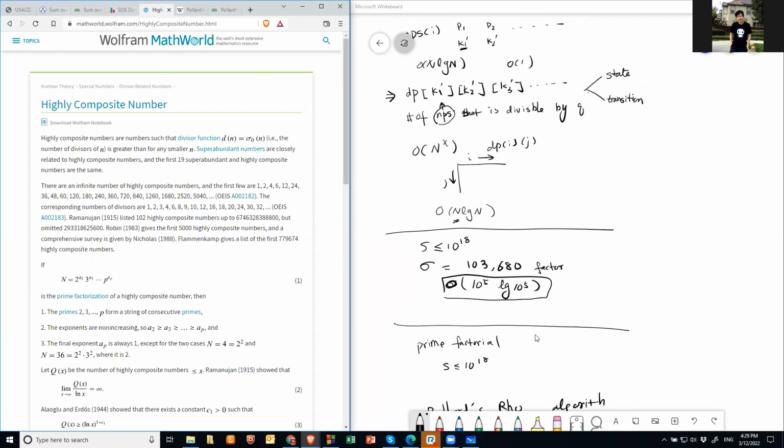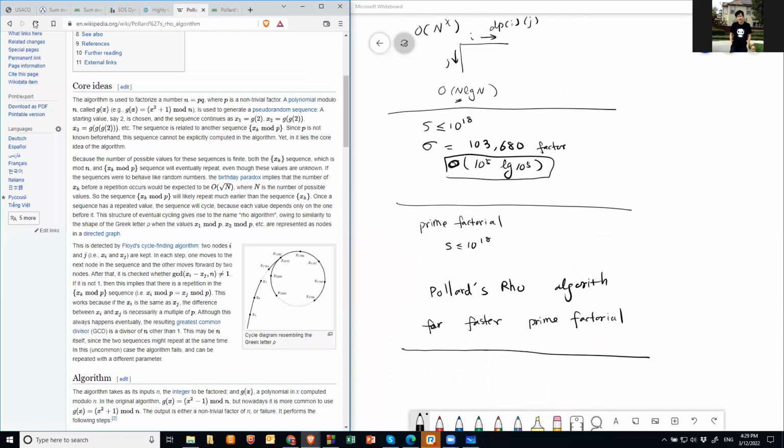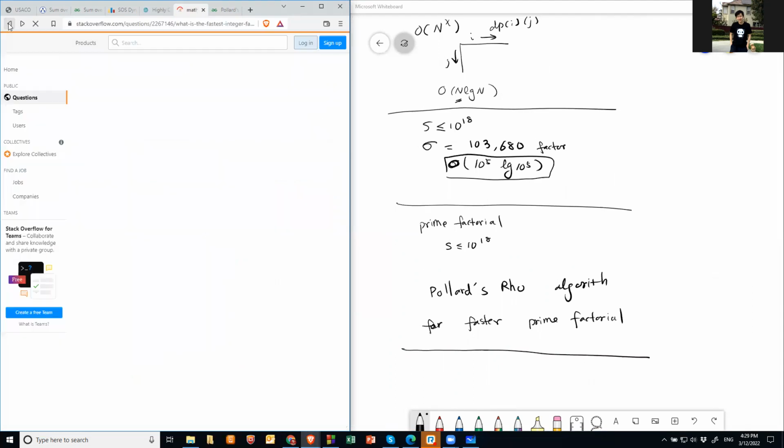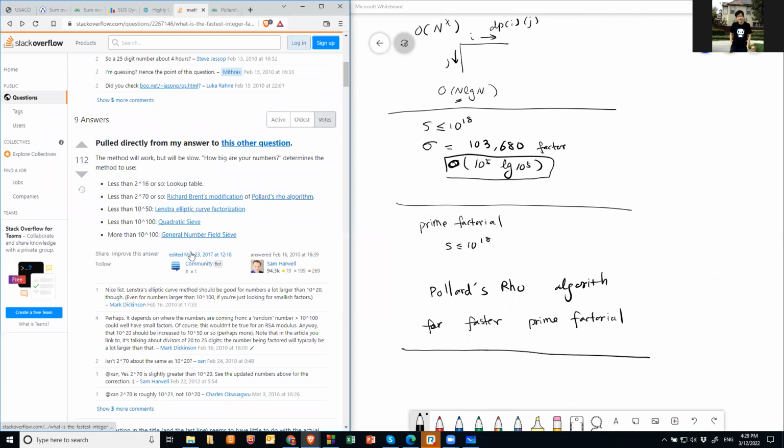Then the only remaining question is how do I calculate the prime factorial faster? There are many faster approaches, right? As we showed on Stack Overflow. The algorithm I like to use is Pollard's rho, and you can do Richard Brent's modification of that as well.